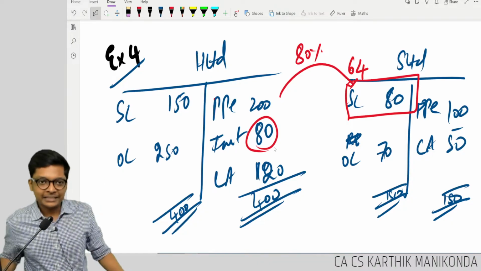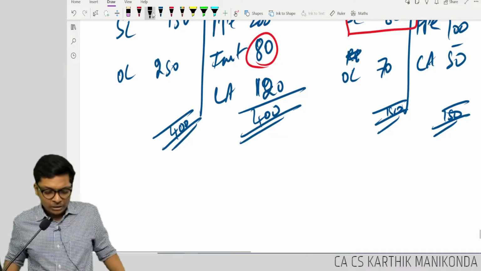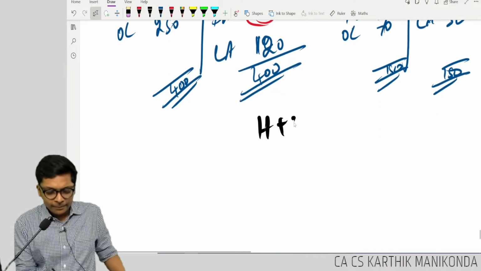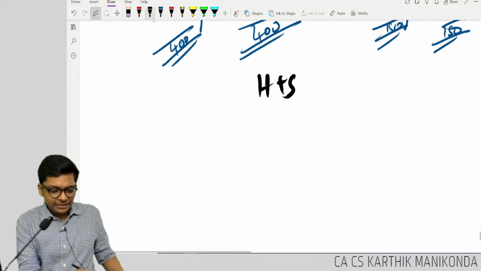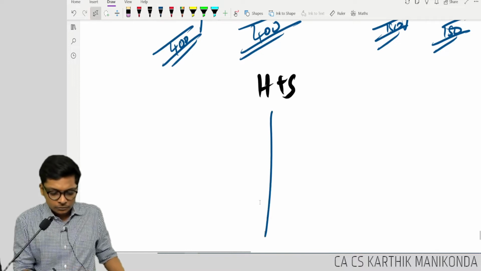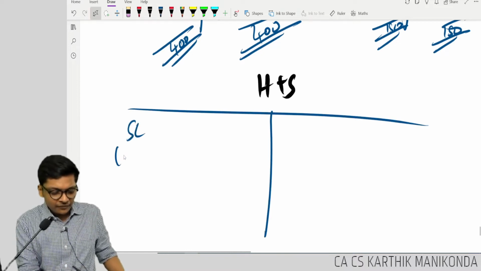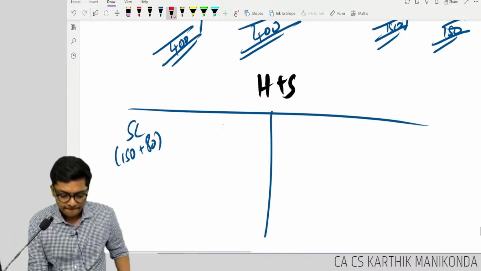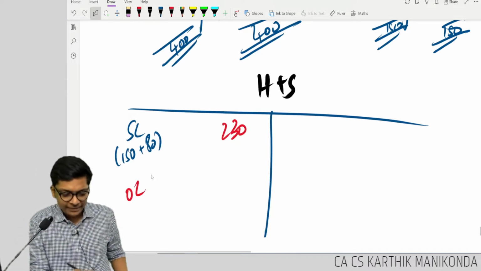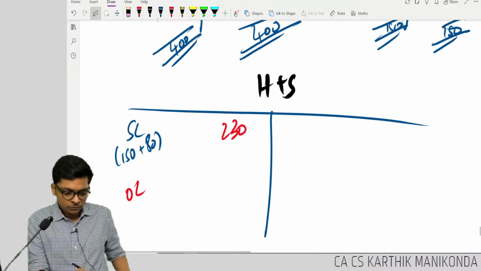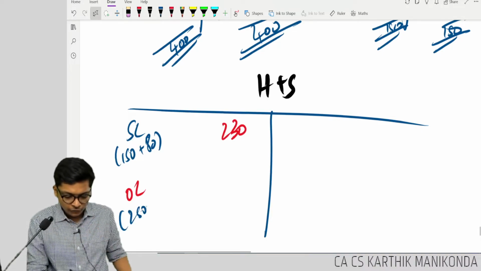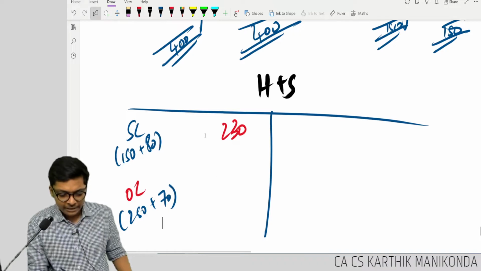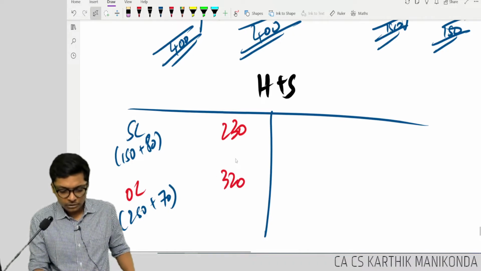Let's do the sum. We have to do line by line addition. Holding plus subsidiary. Share capital, first let's write everything. 150 plus 80, 230. Other liabilities, 250 plus 70, 320.